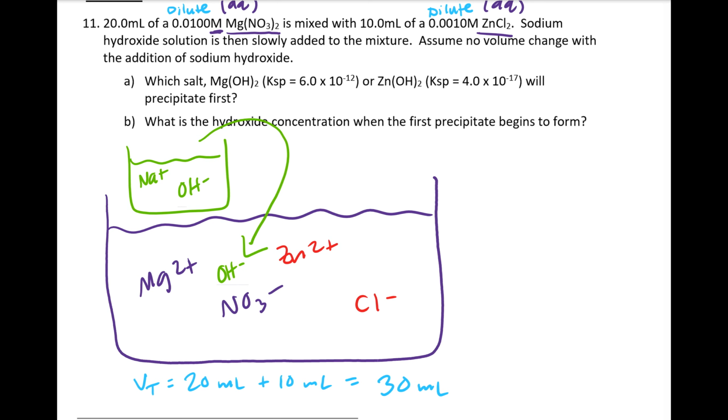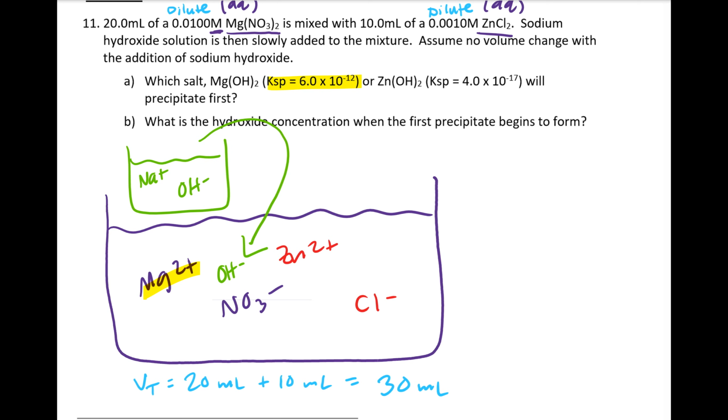Now, when hydroxide pairs up with the magnesium, a possible solid magnesium hydroxide precipitate can form, because that's roughly insoluble. Look at its KSP value: 6.0 times 10 to the negative 12. Wow, that's pretty darn insoluble.